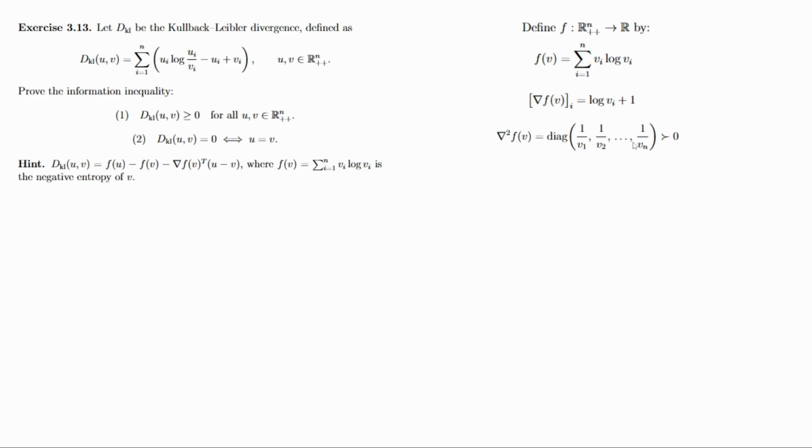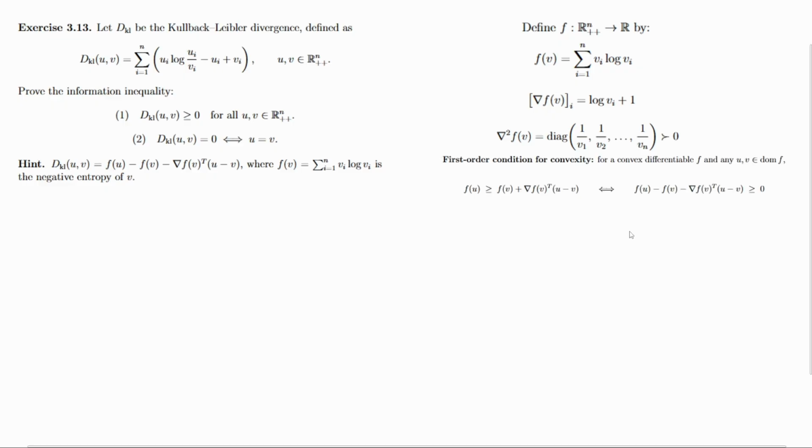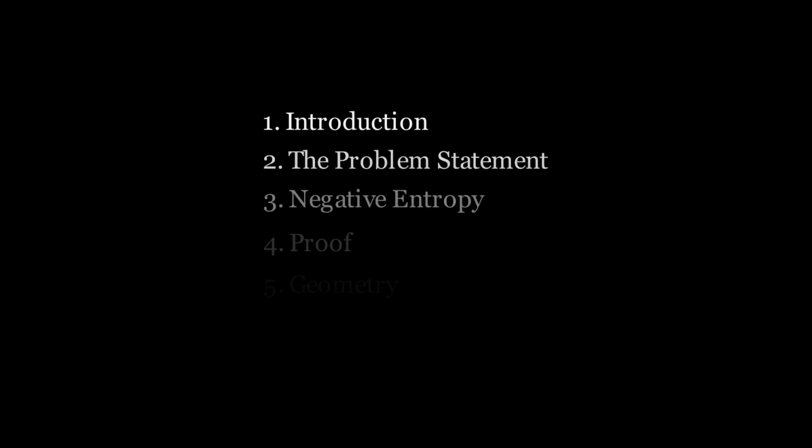So here's the key idea. Because f is convex and differentiable, the first order condition holds. I'm going to remind you what that is. The first order condition says that for a convex differentiable f, which f is in this case, f of u is greater than or equal to this expression, which is the same thing as this, rearranged. If you notice, this is exactly the expression for the KL divergence. So now let's verify that this expression is exactly the KL divergence.